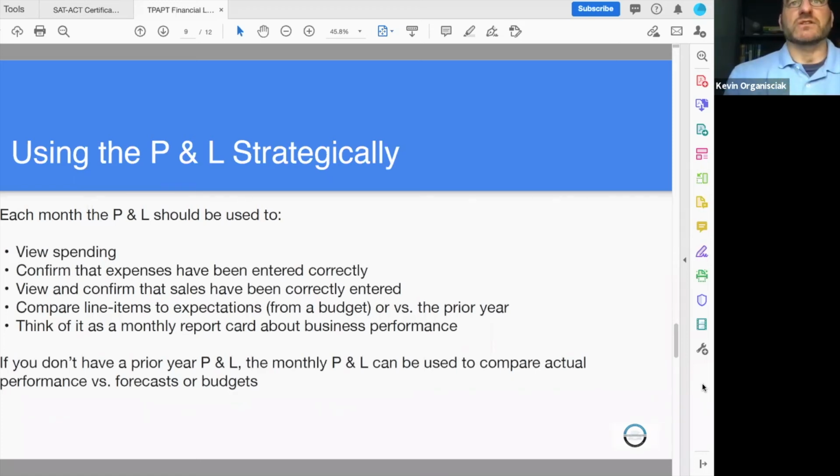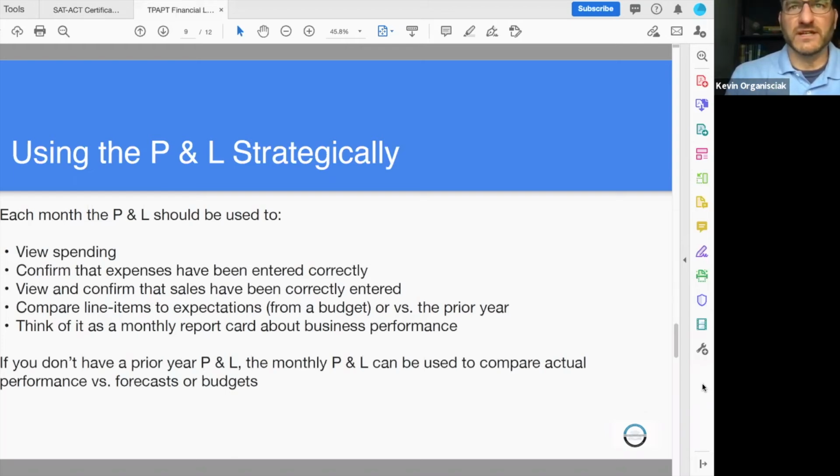So whenever I oversaw a P&L, like a large P&L with multiple locations, part of our process would be, we'd look at sales daily, right? Just number of sales, number of enrollments in tutoring or test prep or whatever.